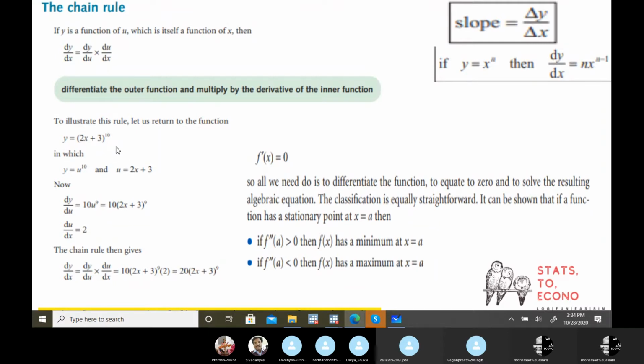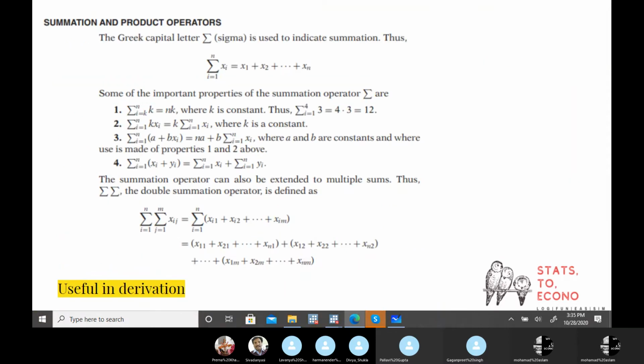So just to get this point, in the chain rule, let's suppose you have an equation of this particular form: first you have to differentiate with respect to the power, and once you have differentiated the power, then your actual function. So this chain rule we are going to use, and this minima function, to derive these two estimates. I'll come back to it later on if you have any doubt. Then some summation properties.